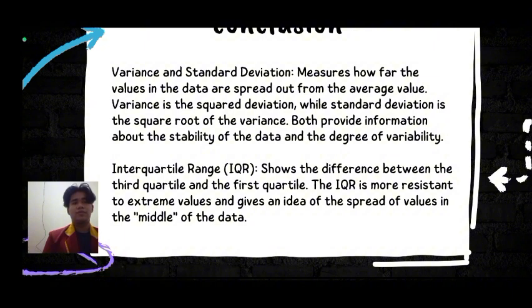Both provide information about the stability of the data and the degree of variability. Interquartile range, or IQR, shows the difference between the third quartile and the first quartile. The IQR is more resistant to extreme values and gives an idea of the spread of values in the middle of the data.